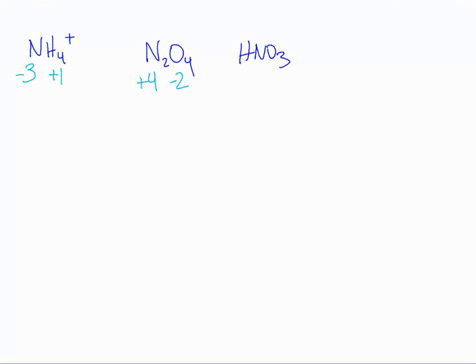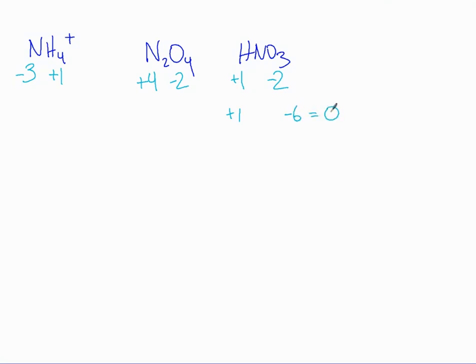HNO3, nitric acid. So the rules say that we look at oxygen first, negative 2. Then hydrogen, there's plus 1. And overall, this compound is neutral. So we have plus 1, we have something for nitrogen, and all the oxygens make minus 6.